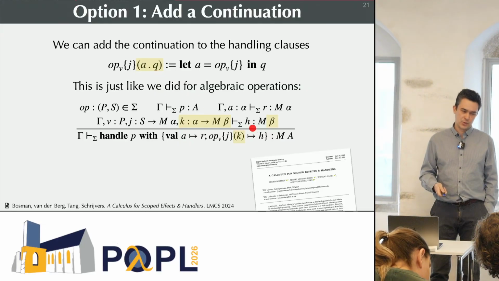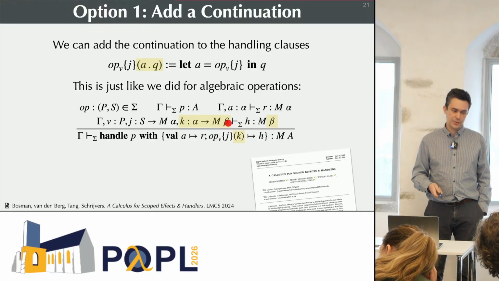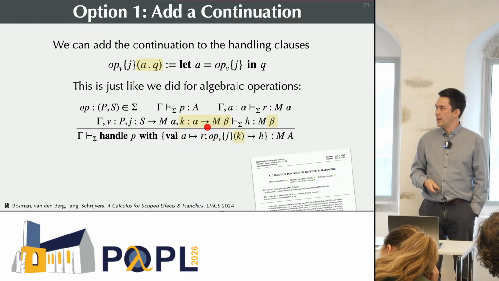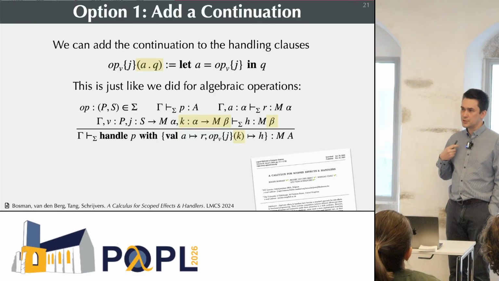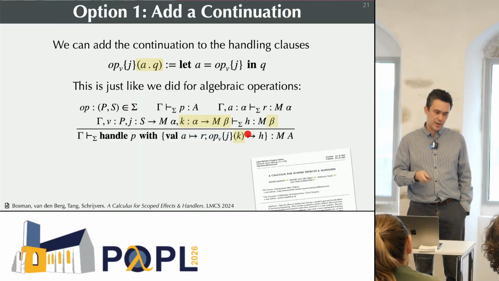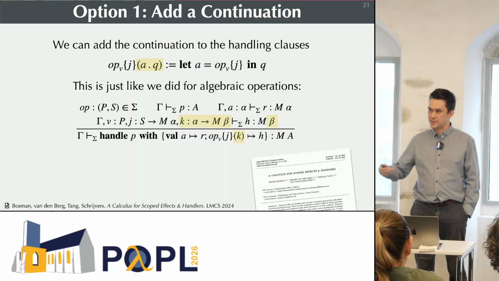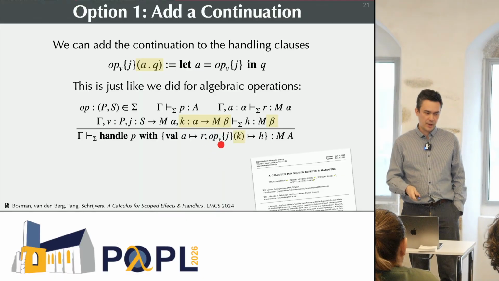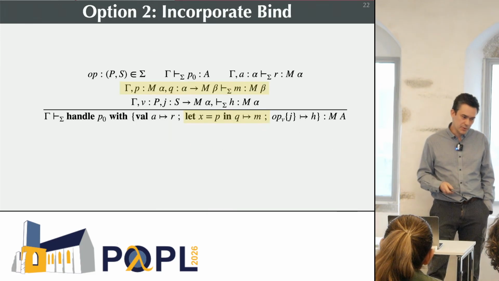Then you give a semantics where the handling algebra H takes into account the continuation that comes off of that and continues that way. So your algebra is sensitive to the continuation on the outside of this. You can imagine this being called the algebraic scoped version or something like this.